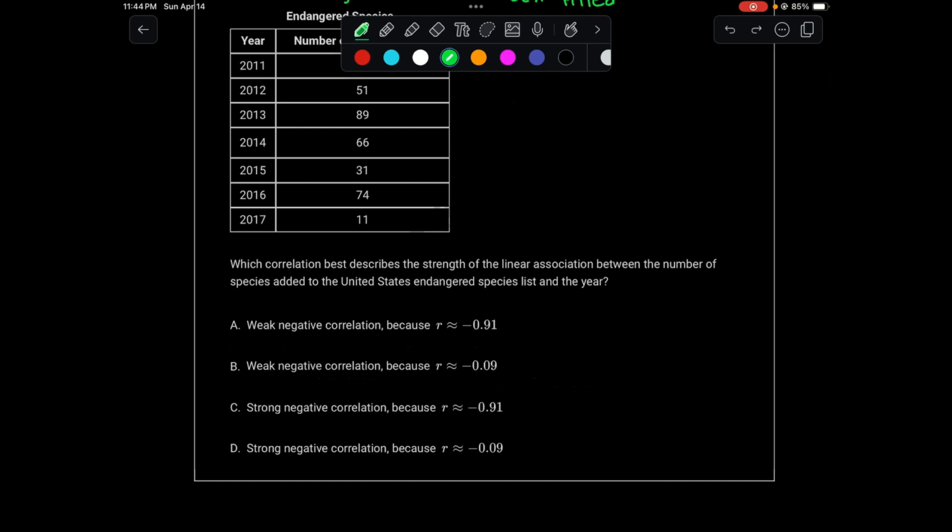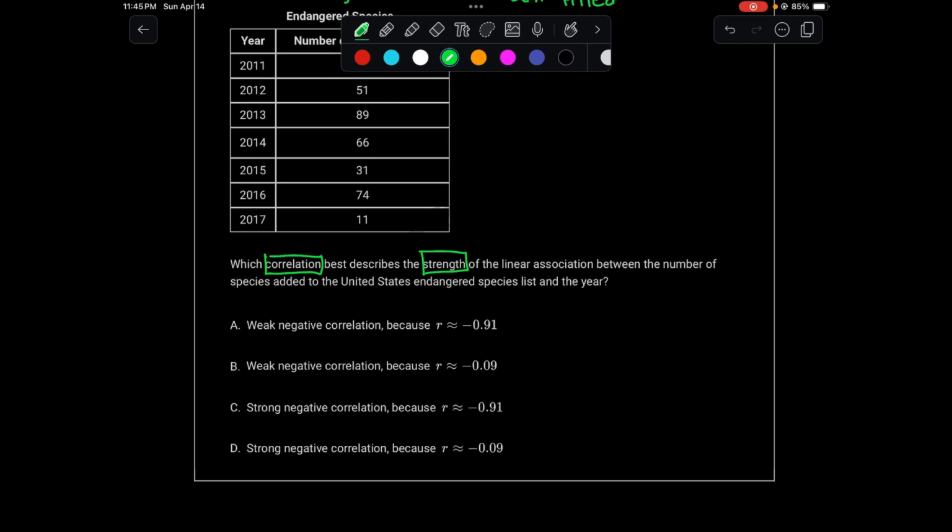Okay, which correlation best describes the strength of the linear association? Okay, I see some keywords here: correlation and strength. Those have to do with the correlation or regression factor, and we're gonna see how that looks on the graph and on the calculator.